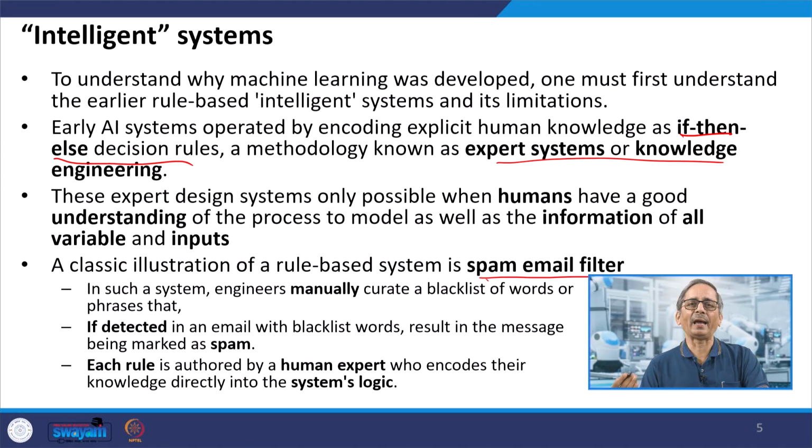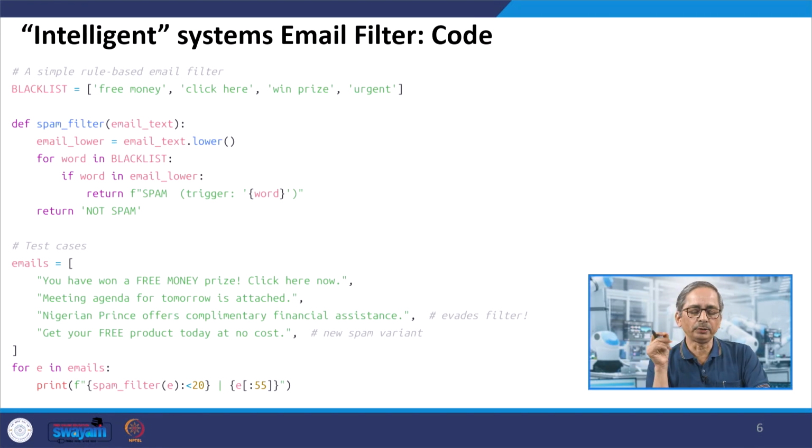So, we manually curate a blacklist of words or phrases that the mail may contain. If an email with a blacklisted word is detected, the message is marked as spam. Each rule is authored by a human expert who is expert in the specific domain.